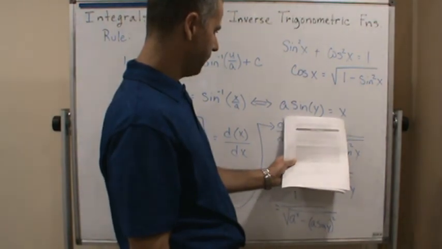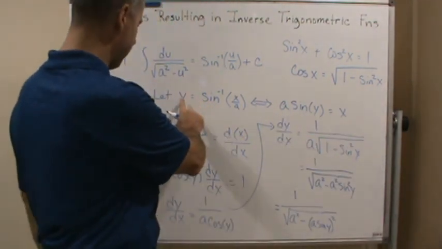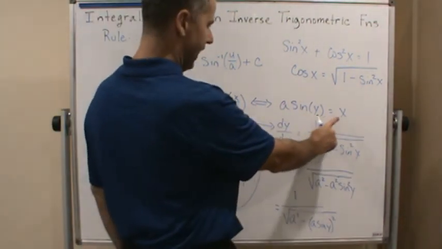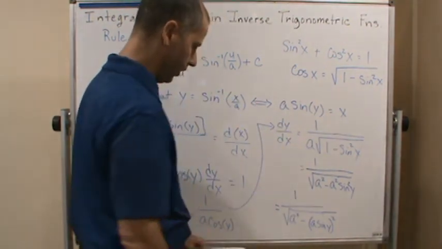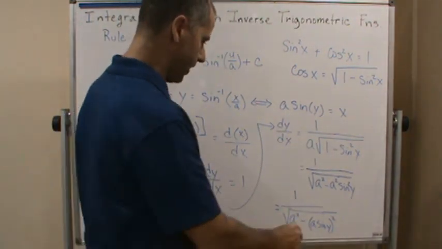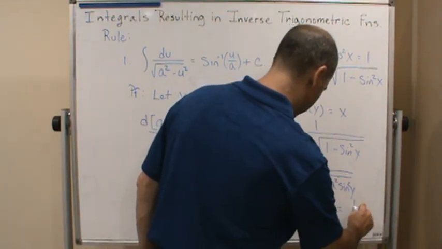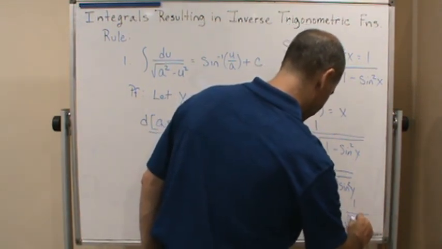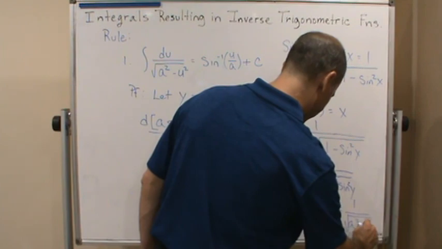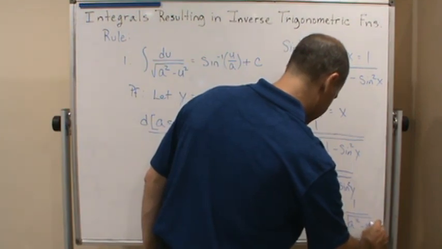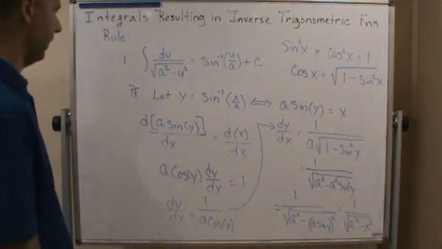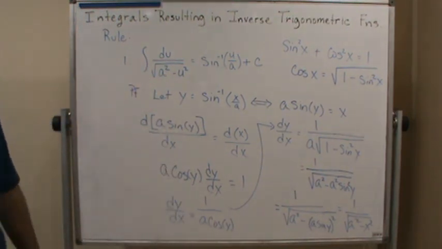We defined y equals this, which means a sine y equals x. So we get 1 over the square root of a squared minus x squared, and we're done.